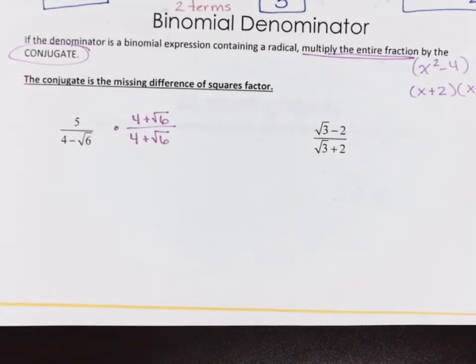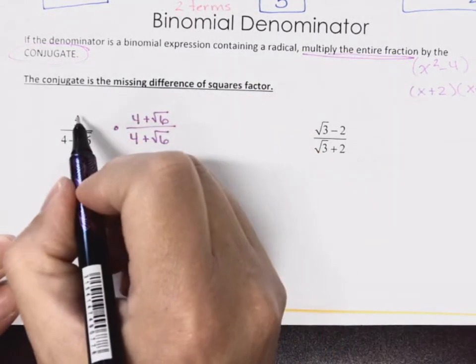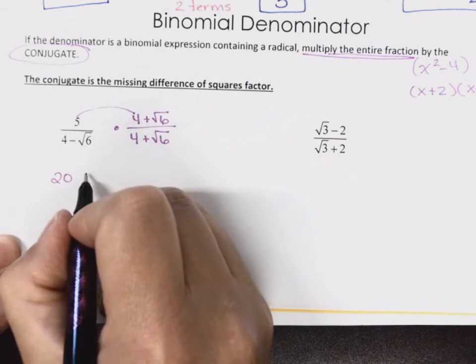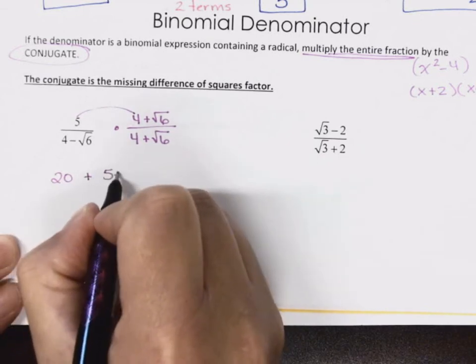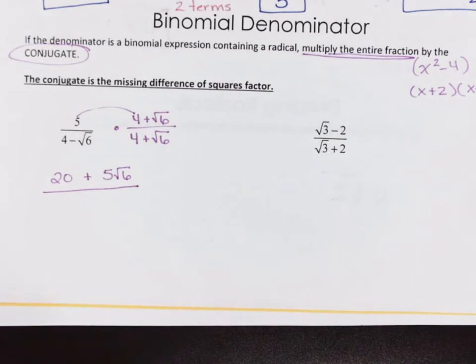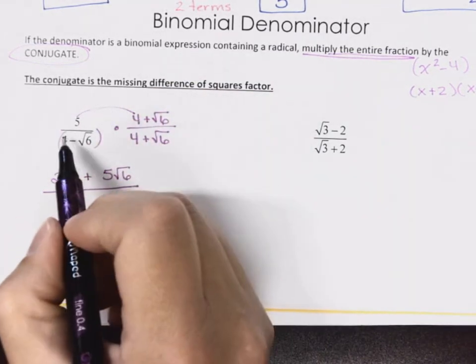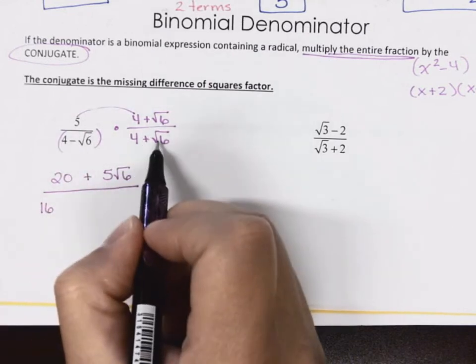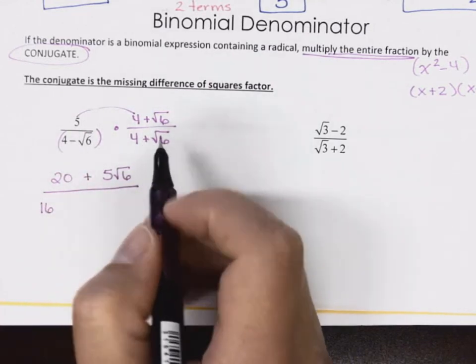Okay, you ready to do the multiplying? Okay, let's multiply. 5 times 4, 20. 5 times root 6, 5 root 6. Okay, now the denominator, it's 2 binomials. So 4 times 4, 16. 4 times positive root 6.